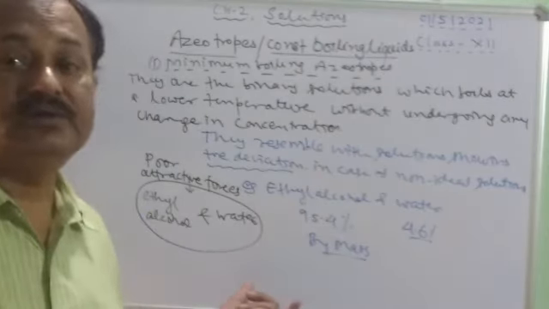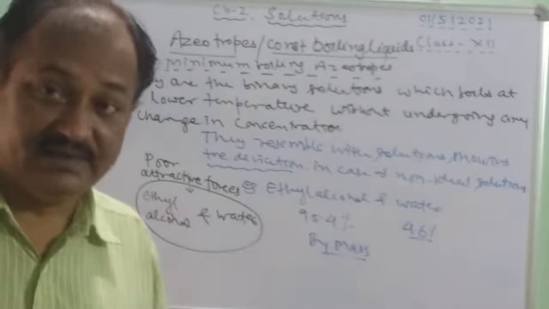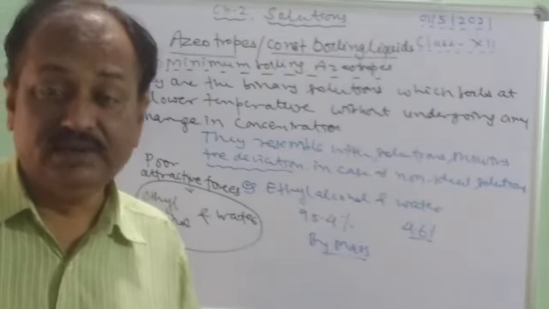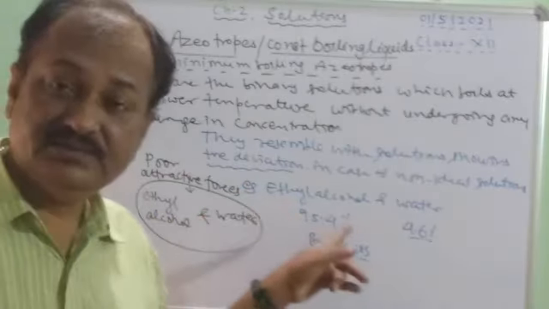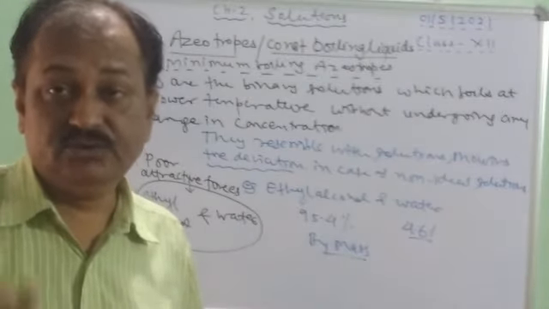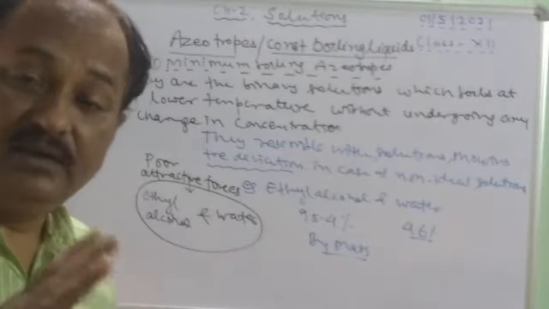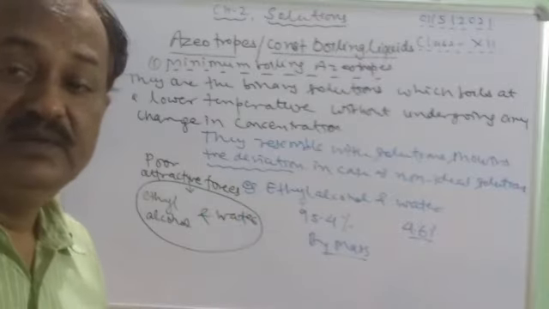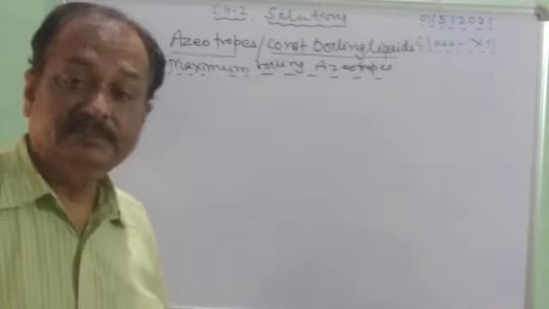Both the components contribute independently, and as a result, the solution starts boiling at low temperature, because as there is the positive deviation, there will be elevation in the vapor pressure. Vapor pressure will be elevated, and so such solutions will start boiling at a lower temperature. So this is about the minimum boiling azeotropes.